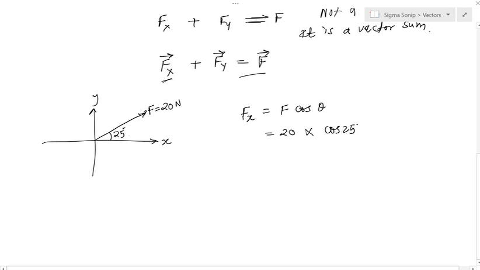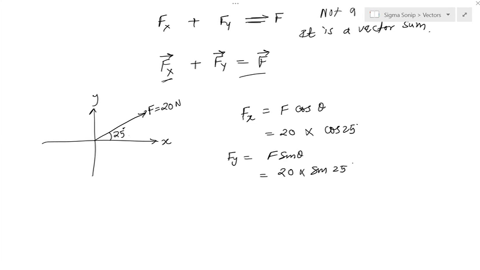We can calculate that using a calculator. So this is my component of F in x direction, and Fy will be F sine theta, which is equal to 20 times sine 25.